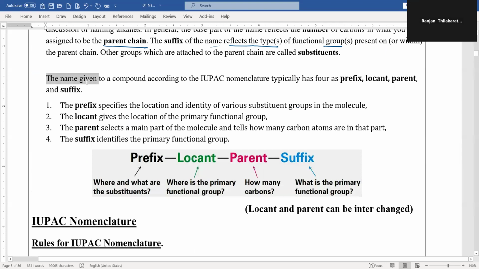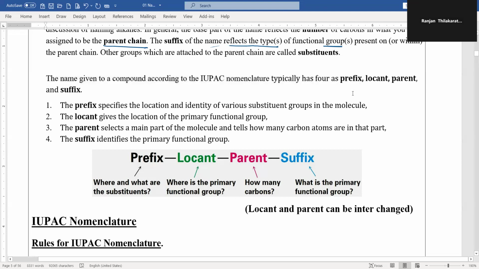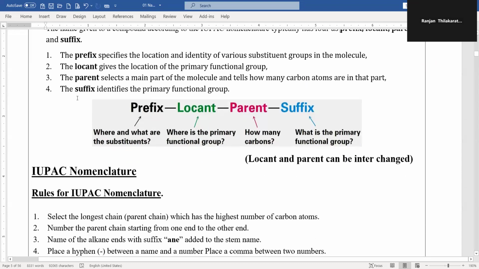The name given to a compound according to the IUPAC nomenclature typically has 4 parts: prefix, locant, parent, and suffix.